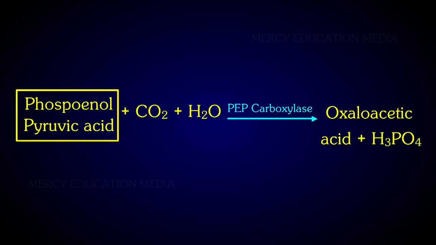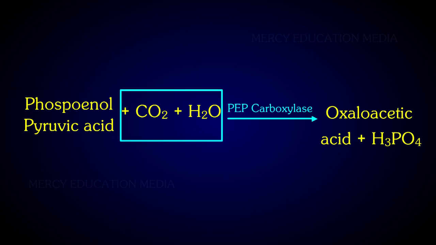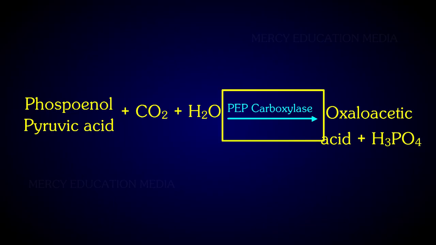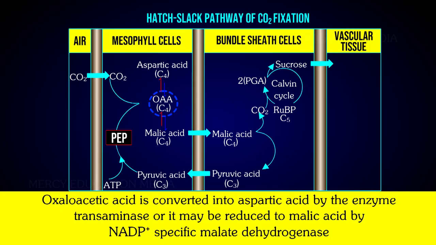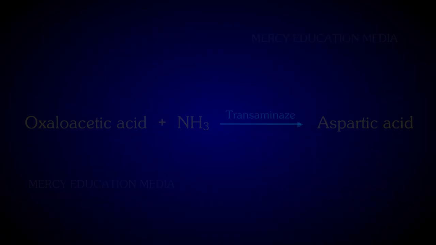Phosphoenol pyruvic acid plus carbon dioxide plus water gives oxaloacetic acid plus phosphoric acid. Oxaloacetic acid is converted into aspartic acid by the enzyme transaminase, or it may be reduced to malic acid by NADP plus specific malate dehydrogenase.